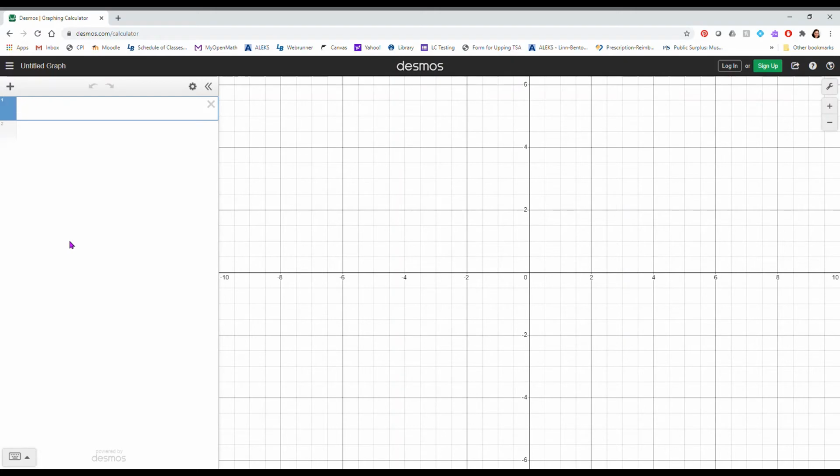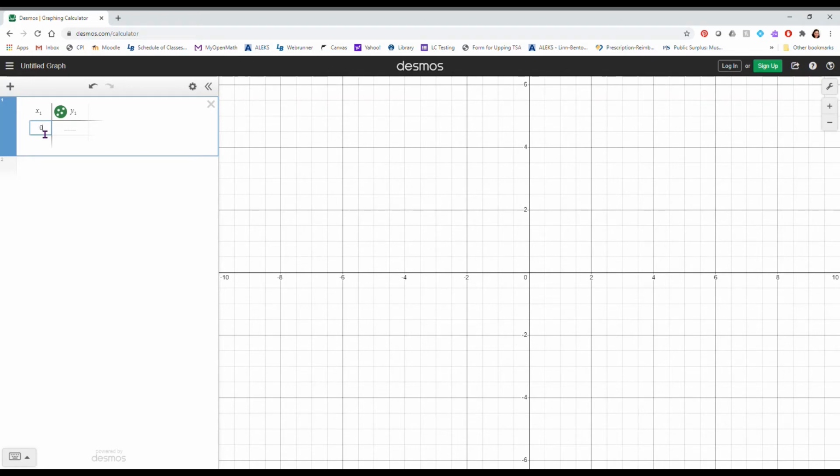All right, here we are in Desmos, and we are going to use it to plot the data about the cost of tuition. So the first thing you want to do is go to this plus sign and add in a table, and we're going to put our data into the table. If you want to change this to t, c of t, you can, but I'm just going to leave it as x1, y1.